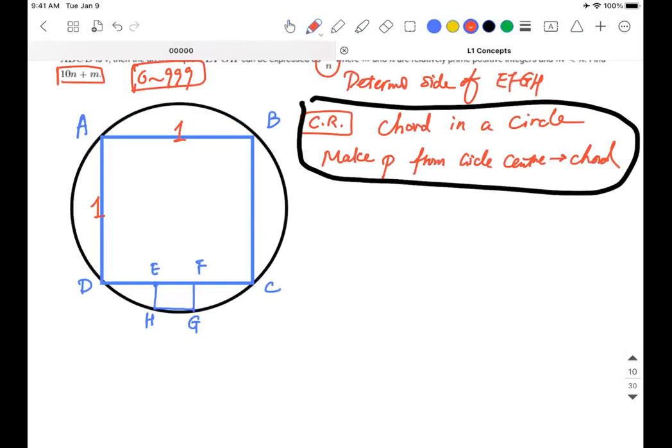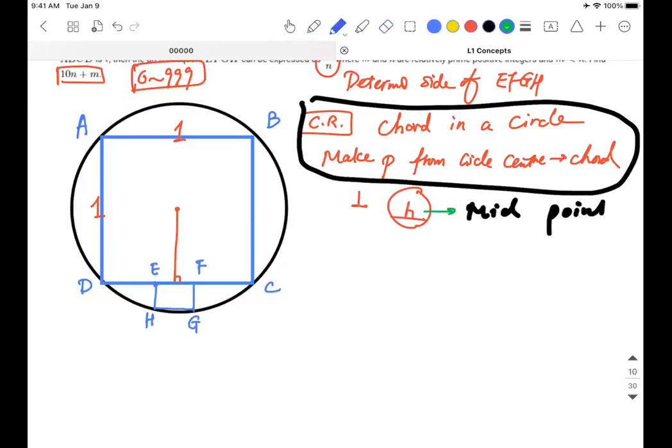Why? Let's say this is the circle center. Since I'm making a perpendicular line, it is going to cut my chord into two equal parts. This is going to be the midpoint.